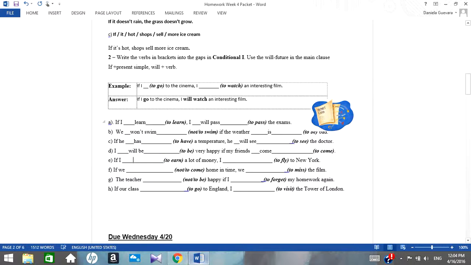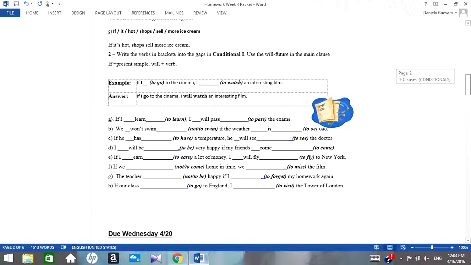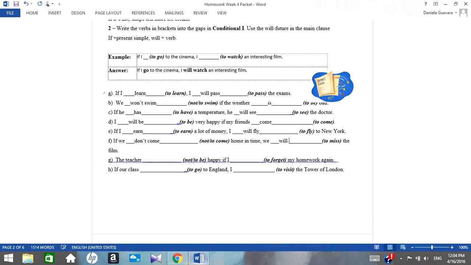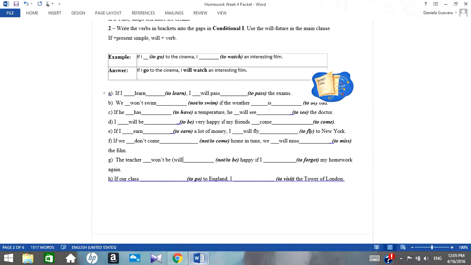If I earn a lot of money, I will fly to New York. If we don't come home in time, we will miss the film. The teacher won't be or will not be. Both of them are correct.